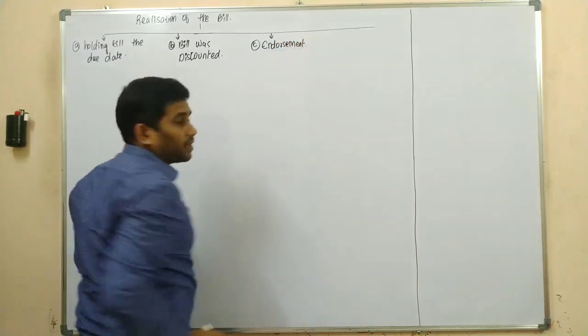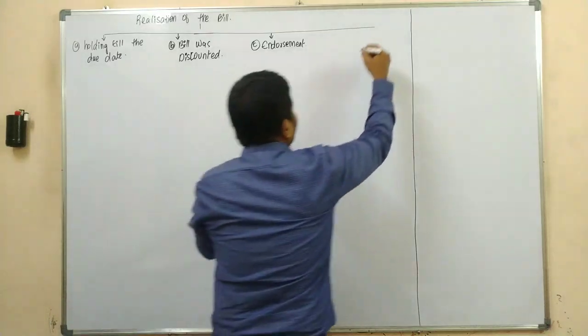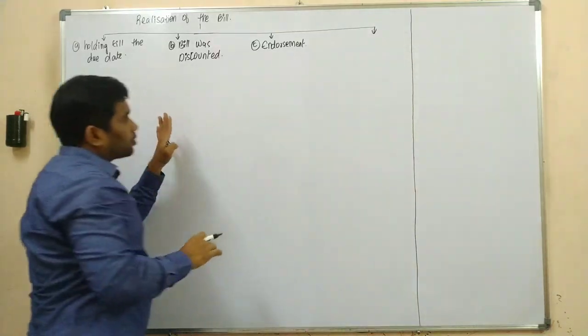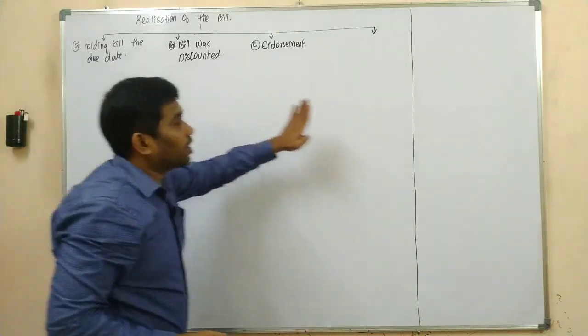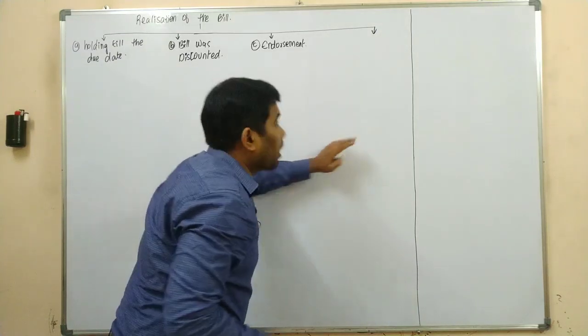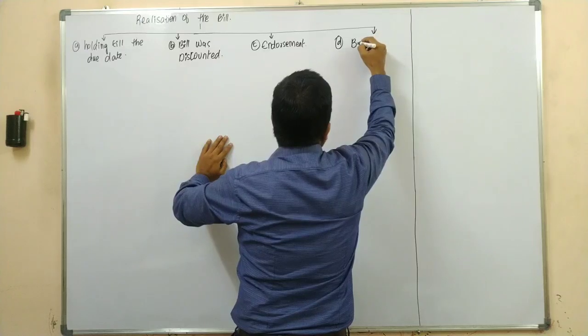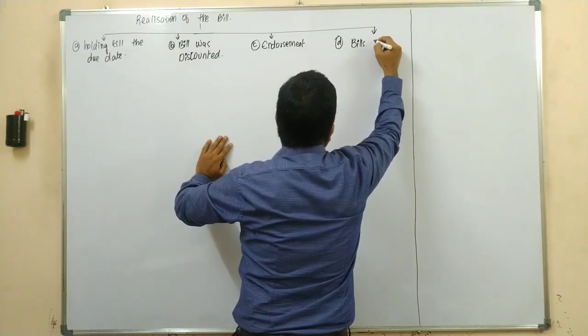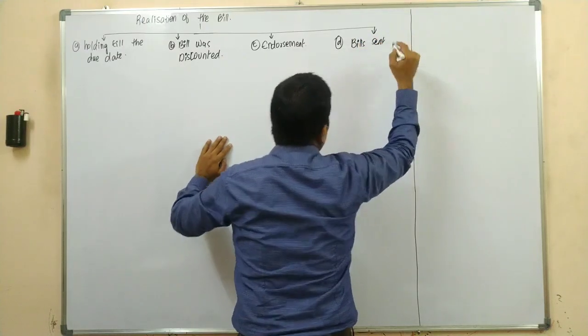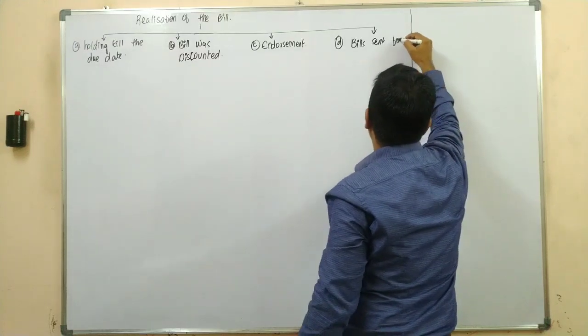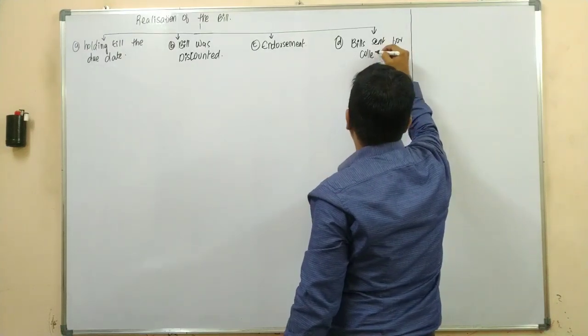What are the journal entries in the books of drawer and drawee upon sending the bills for collection, bills sent for collection?